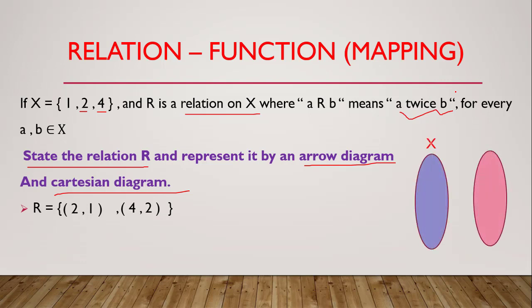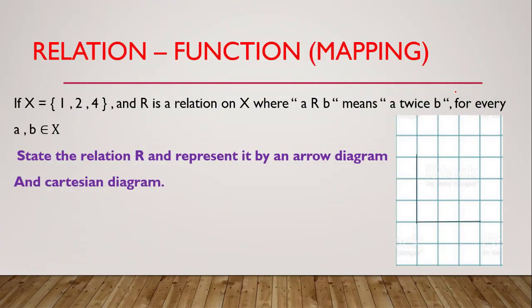Let's draw x and x. 1, 2, 4. 1, 2, 4. 2 with 1 and 4 with 2. Okay. By the same way, I'll draw the Cartesian diagram. Horizontal and vertical. I'll write the elements of x. Then we have 2 with 1.